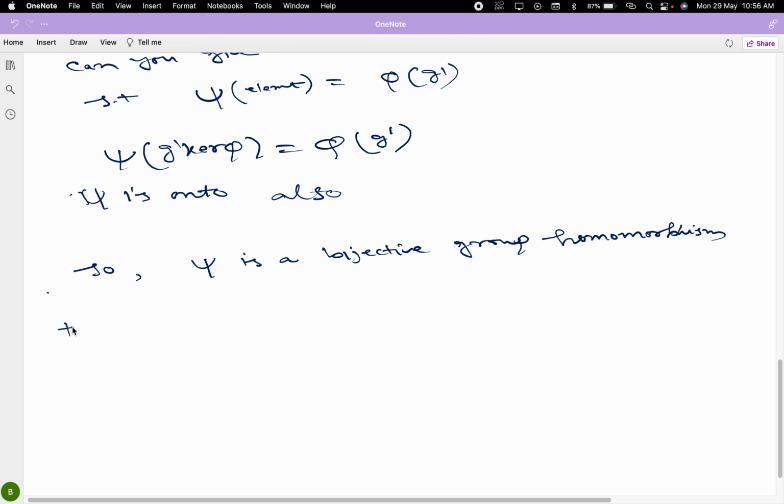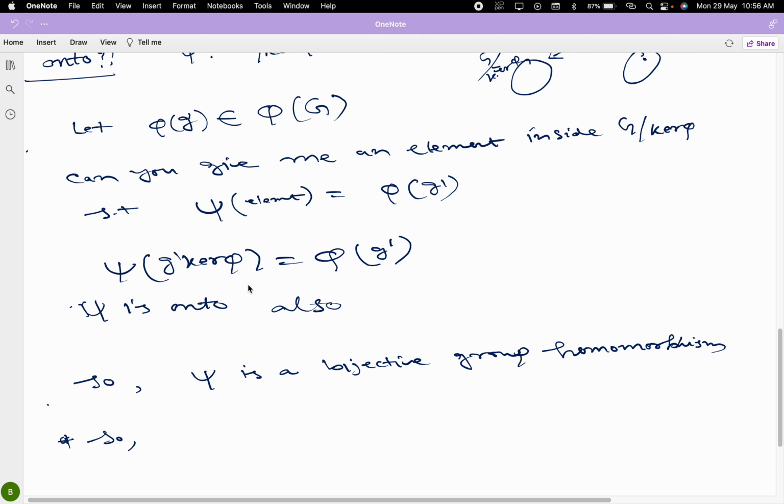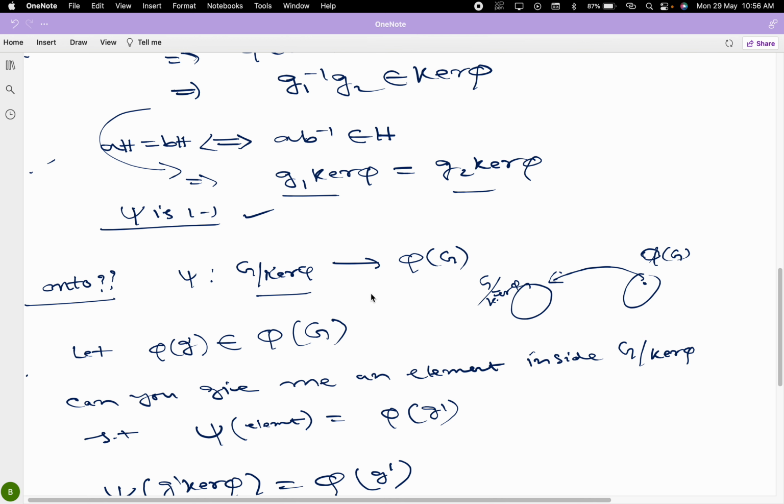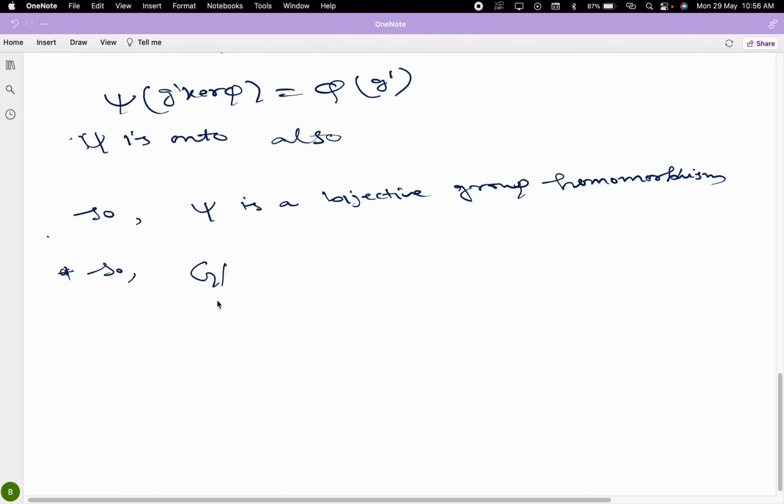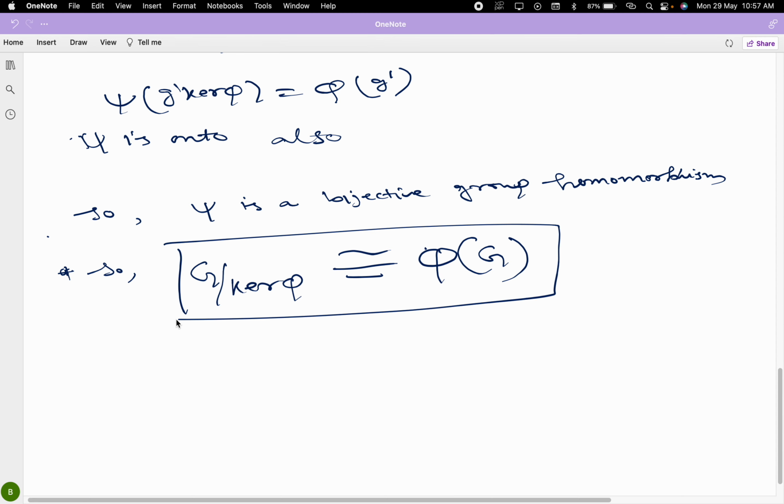That means these two are isomorphic: G mod kernel phi is isomorphic to the image of phi. Yeah, these two are isomorphic.